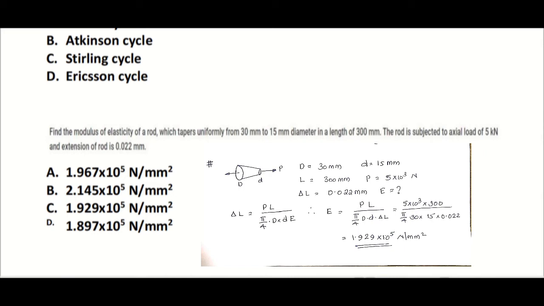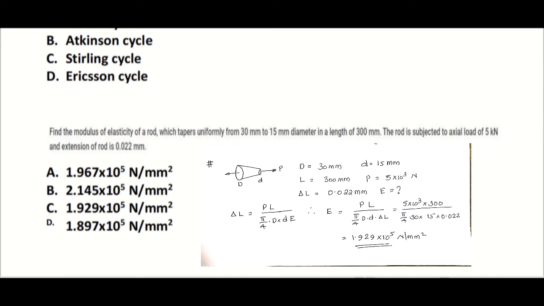Delta L is equal to PL by A. Here area A will be equal to pi by 4 into the capital D, the initial higher diameter, into the final diameter, small d. That is pi by 4 capital D into small d.